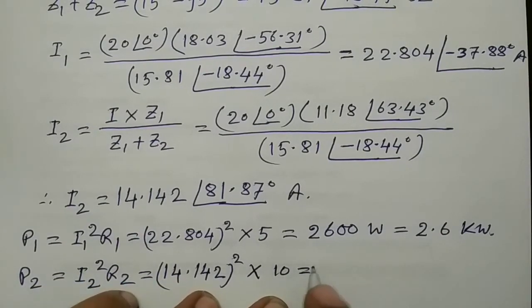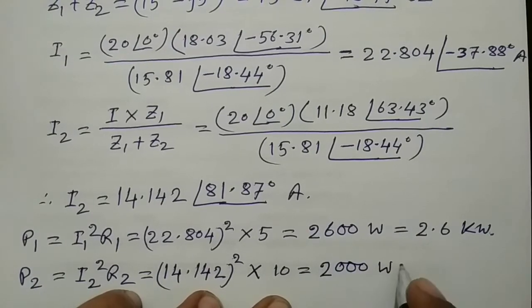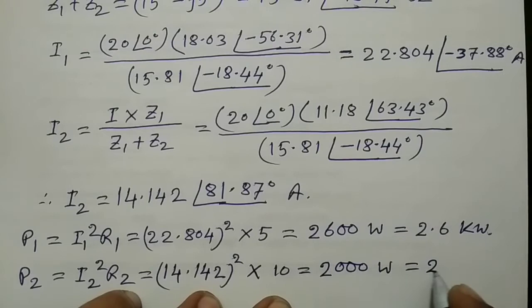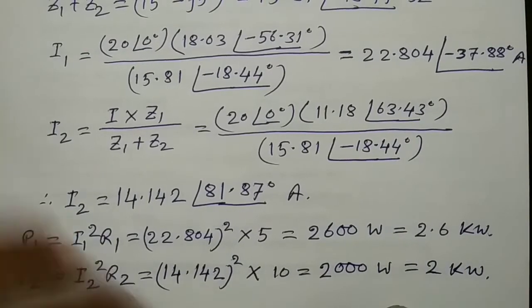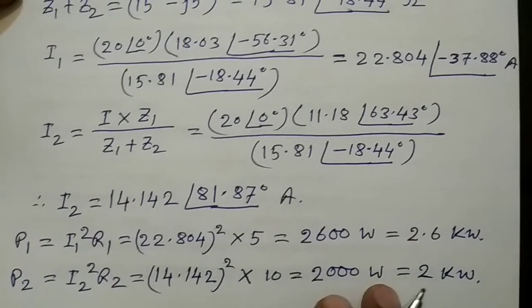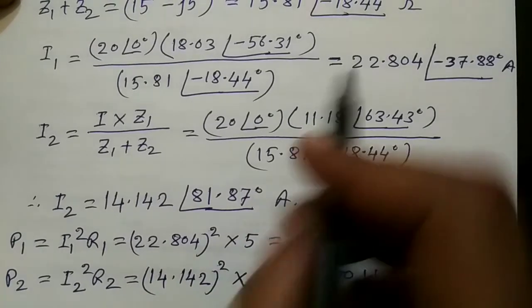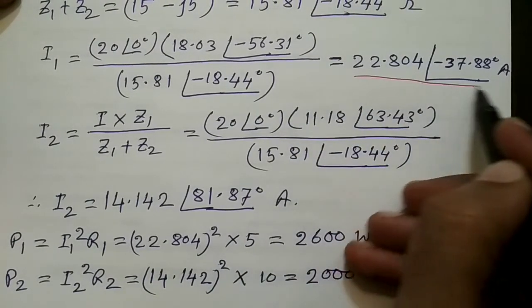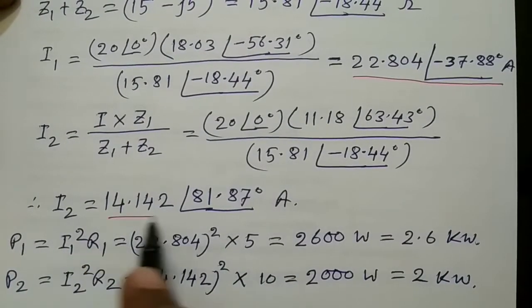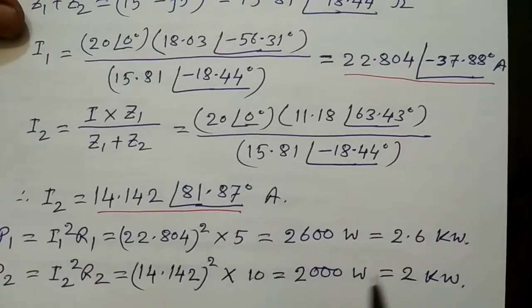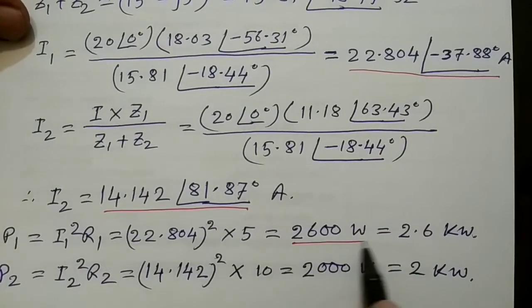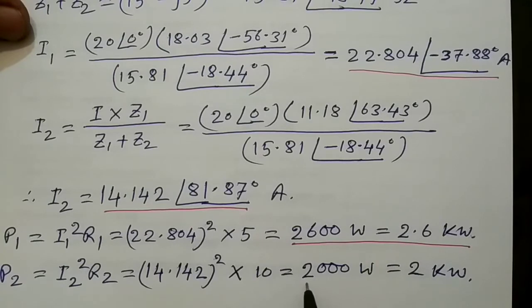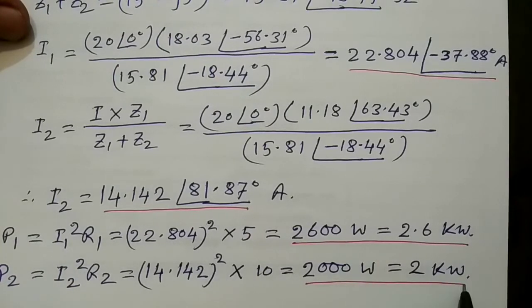After solving, this value will be 2000 watts, or 2 kilowatts. So this is the current in the first branch, this is the current in the second branch, and here is the power consumed in the first branch and the power consumed in the second branch.